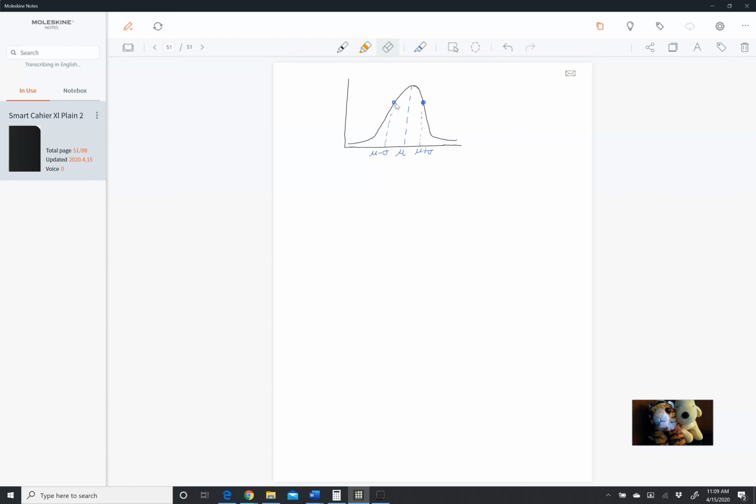So these would be called your inflection points. So this is your normal curve. This is what it looks like, approximately.